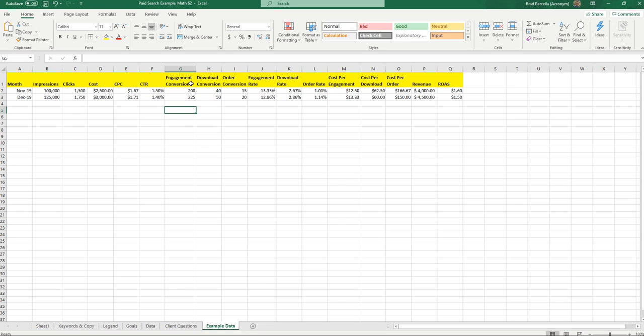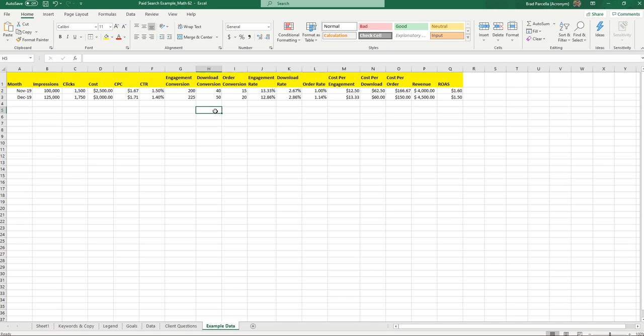So we call this a soft conversion because somebody is engaged with the site, but they're not buying necessarily, but they are obviously into your content. They just might not be ready to buy. So for this example, our engagement conversion is somebody who has been on the site for more than 2 minutes. Now, next we have a mid-level funnel conversion, which is a download conversion, for example.